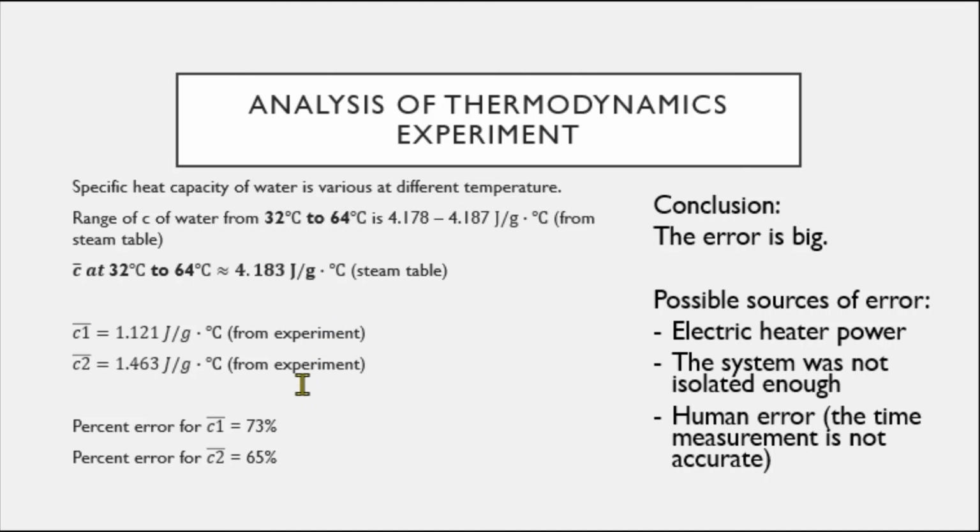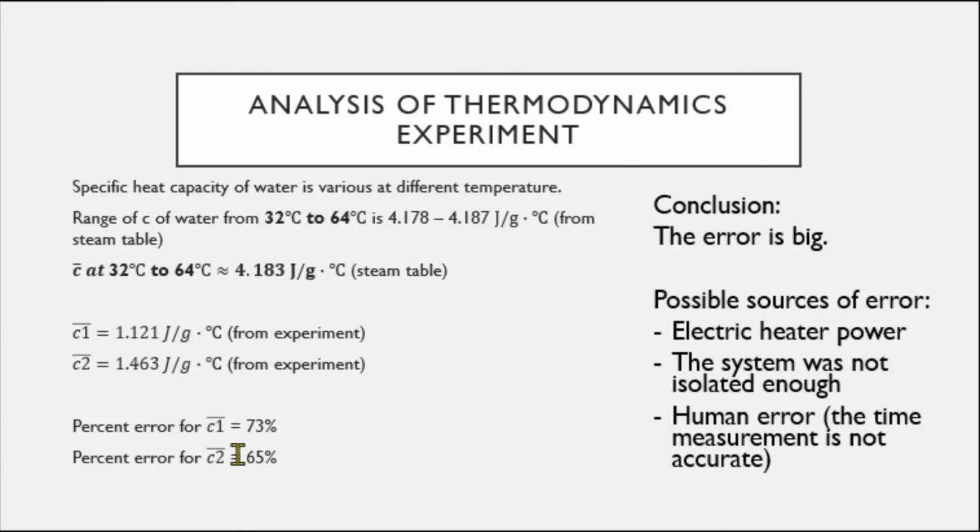And then to roughly calculate the percent error of the specific heat capacity, I take the average value of C1 and C2 from the experiment. Then from these values, I can get a rough estimation of the percent error of the specific heat capacity of the water for the two methods.